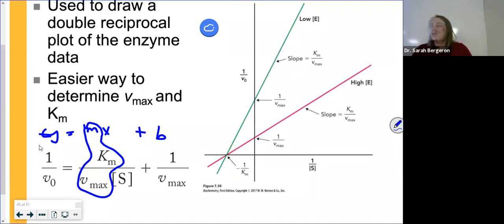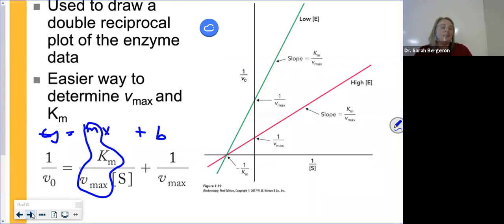X is 1 over your substrate concentration. So it's a very nice way to compare two conditions. So the x-intercept, is it 1 over the Vmax? Well, for Km, it's negative 1 over Km. So it's on the other side of the origin. And then for Vmax, it's just 1 over Vmax.